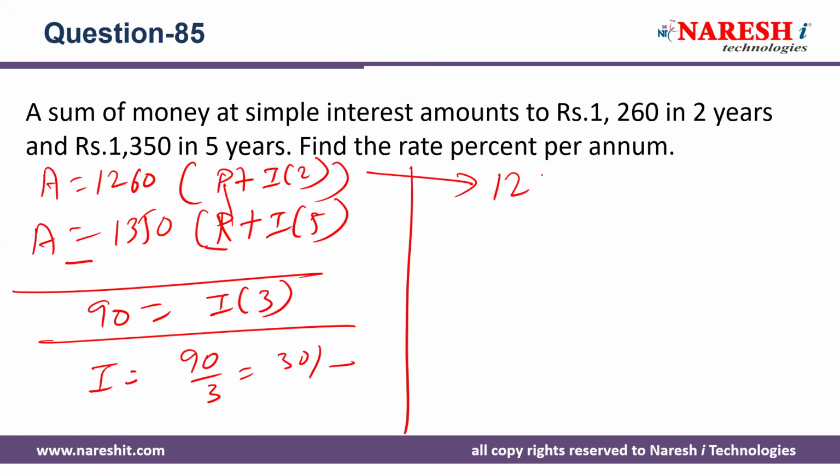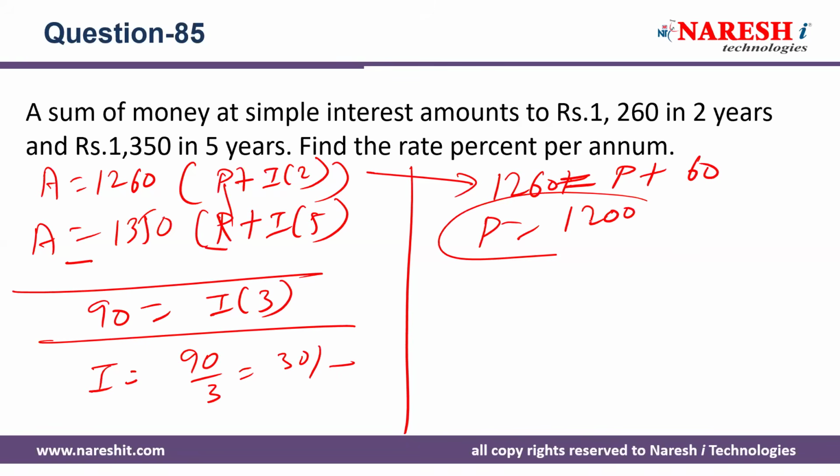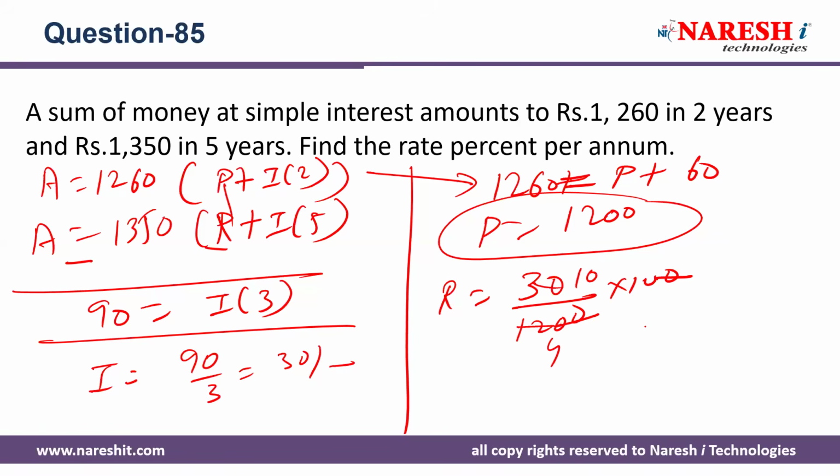This 1260 includes principal plus 2 years interest. 2 years interest means 60 rupees. Then principal will become 1200. What is R? Rate of interest means the interest you calculate on the original principal in terms of 100. So 10 by 4, it is 2.5 percentage, not 25.